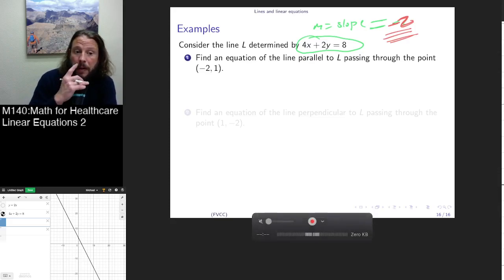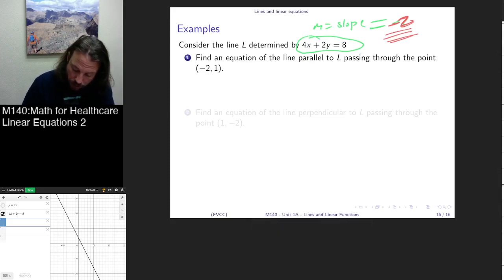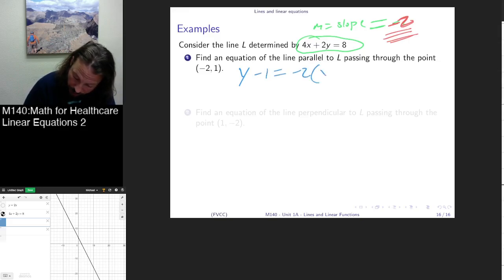Now let's see, through the point. Think about what you want to do. I would try this on your own right now before I do it. What I would do is use the point-slope form. So y minus 1 equals our slope, which is negative 2, times x minus negative 2, which we may want to rewrite as y equals negative 2 times x plus 2, right?